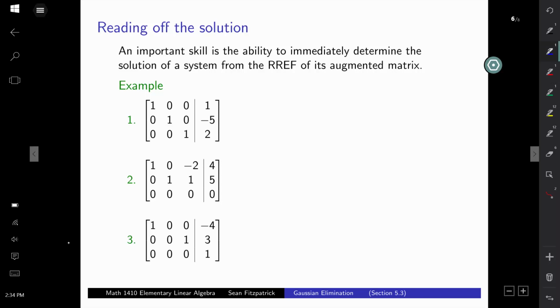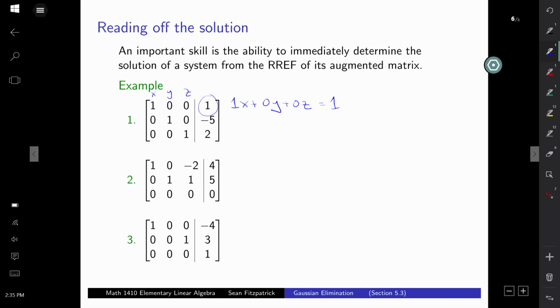So let's label these columns X, Y, Z for all three of them, okay? The X column, the Y column, the Z column. What does that first row represent? That first row says 1 times X plus 0 times Y plus 0 times Z equals 1. Remember these guys over here, those are the constants on the other side.